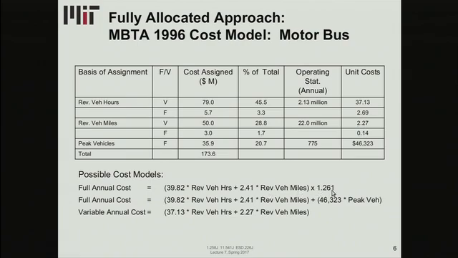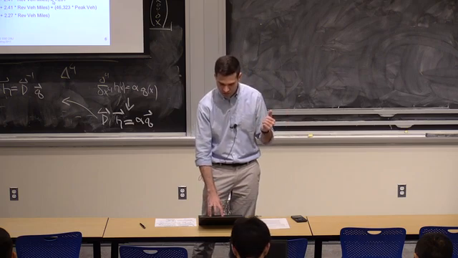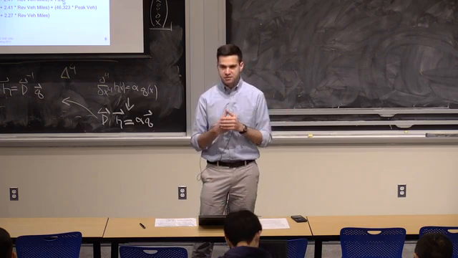And that factor, essentially here, we're not capturing the difference between fixed and variable costs, right? So that's why we add them up here, 39.82 and 2.41. The other characteristic of this model is that it does not have peak vehicles as an explanatory variable, right? So we address that with this adjustment factor.